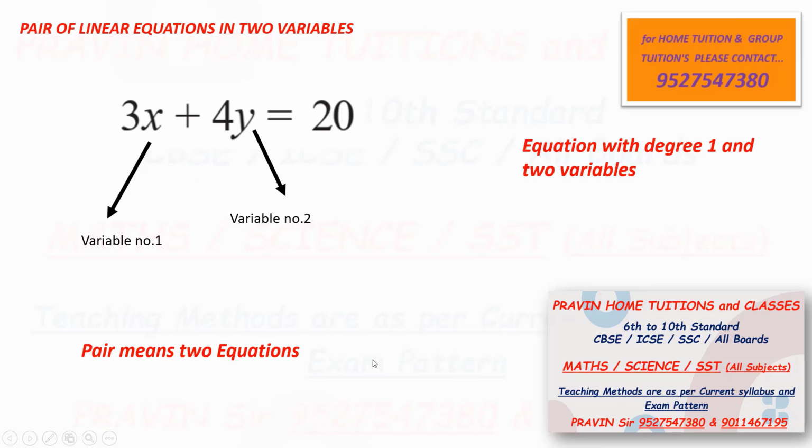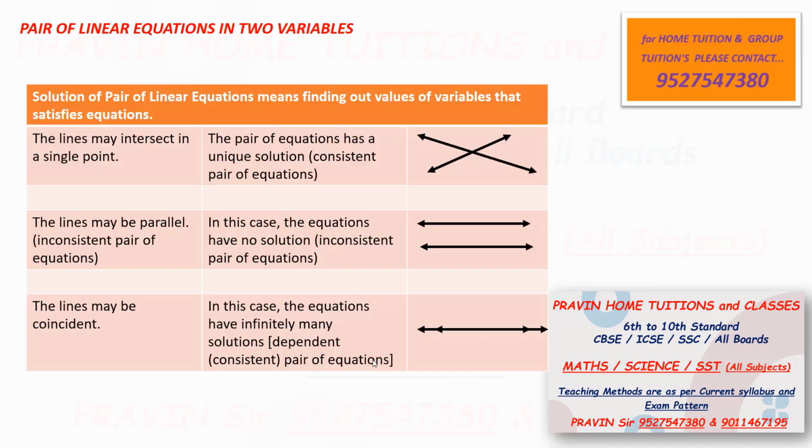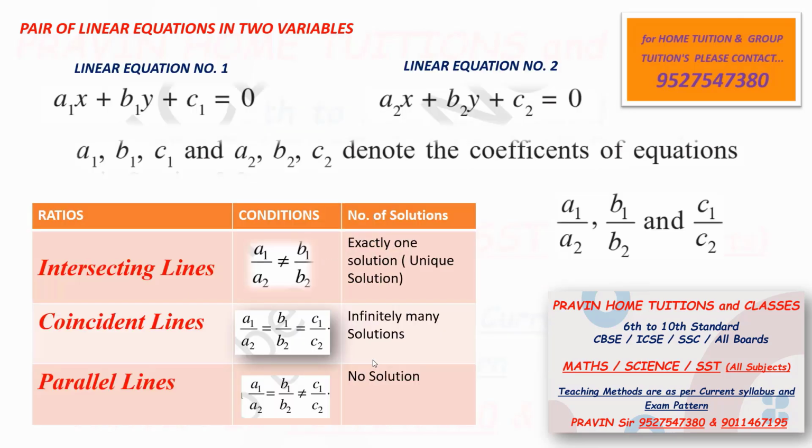Now pair. Pair means 2. So two equations are there. For that, see, linear equation 1, standard form a1x plus b1y plus c1 equal to 0.